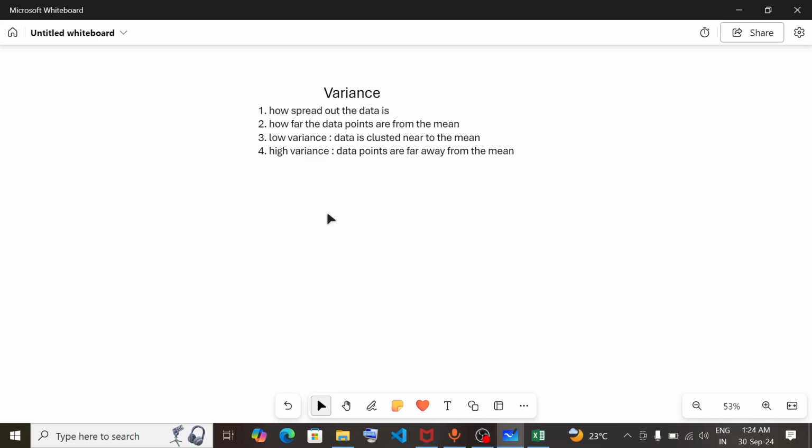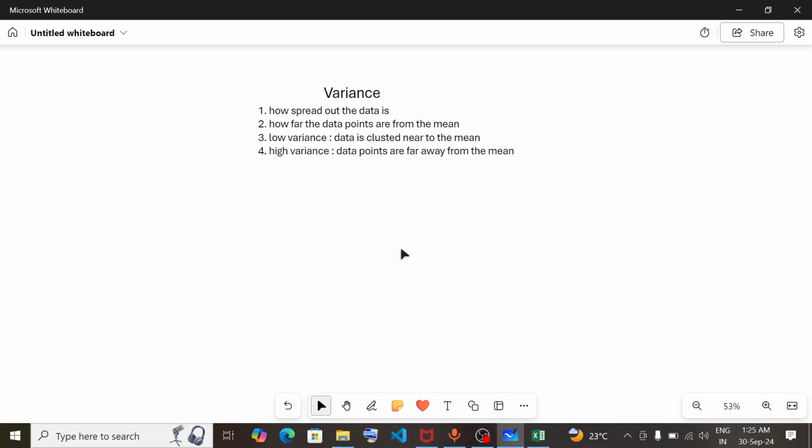We have two main cases, low variance or high variance. If we have low variance, most of the data points are near the mean, and high variance means most of the data points are far away from the mean. So this is the theory we can understand about variance.